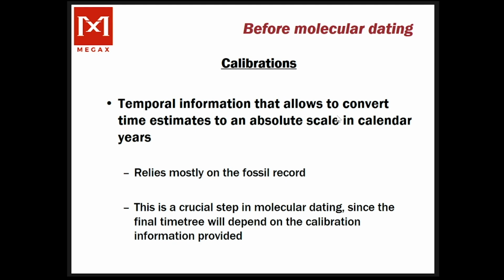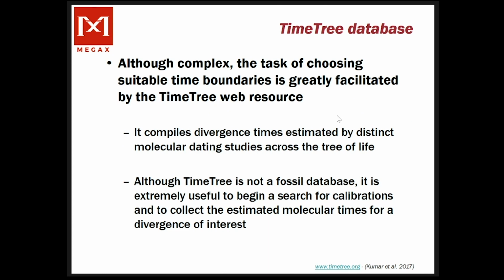This is a crucial step in molecular dating, since the final time tree will depend on the calibration information you provided. Although complex, the task of choosing suitable time boundaries can be greatly facilitated by the TimeTree web resource. TimeTree compiles divergence times that were estimated by distinct molecular dating studies across the tree of life.